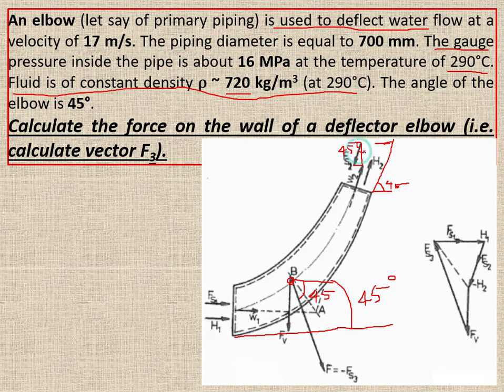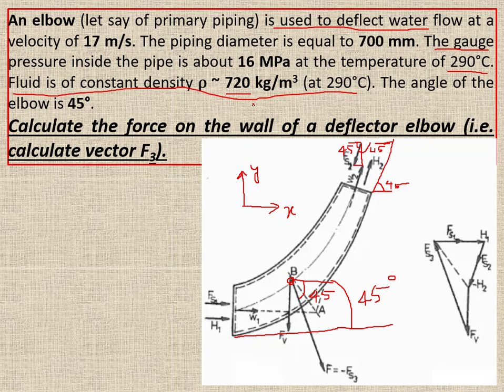So we are making two components, or sorry, three components. This is our X and this is our Y. These are the two components of the flow, and there is a Z component also.